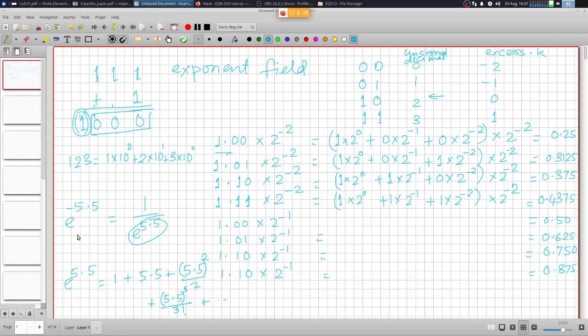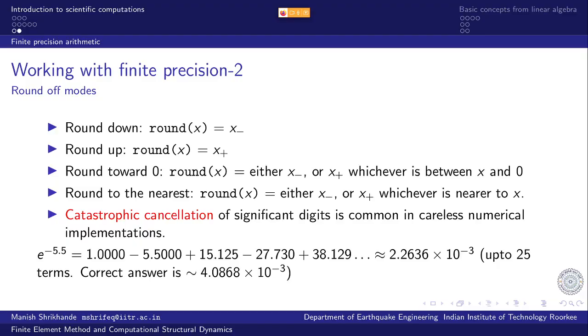And then take the reciprocal of this. Again this series will converge very quickly. If you carry on the computation and then you take the reciprocal, you have the same result as you obtain by your scientific calculators.